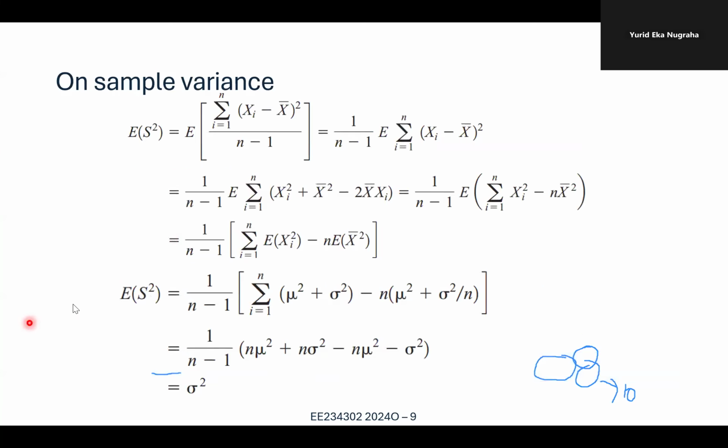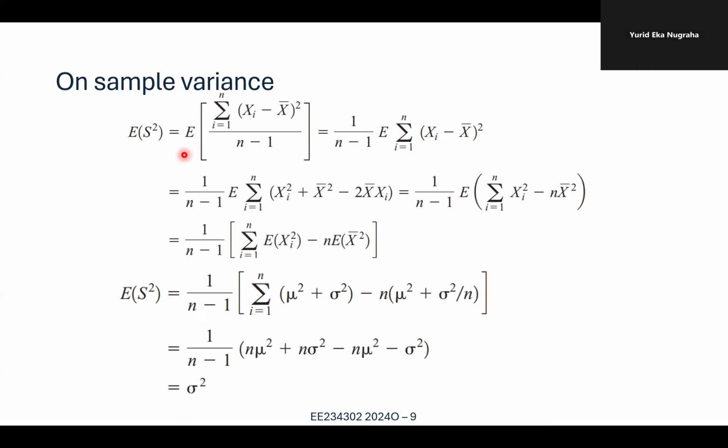Okay, so this is an example of the argument that the variance of the population is the sum of the squares of the differences between the measurement and the average, divided by, let's say, n, right?